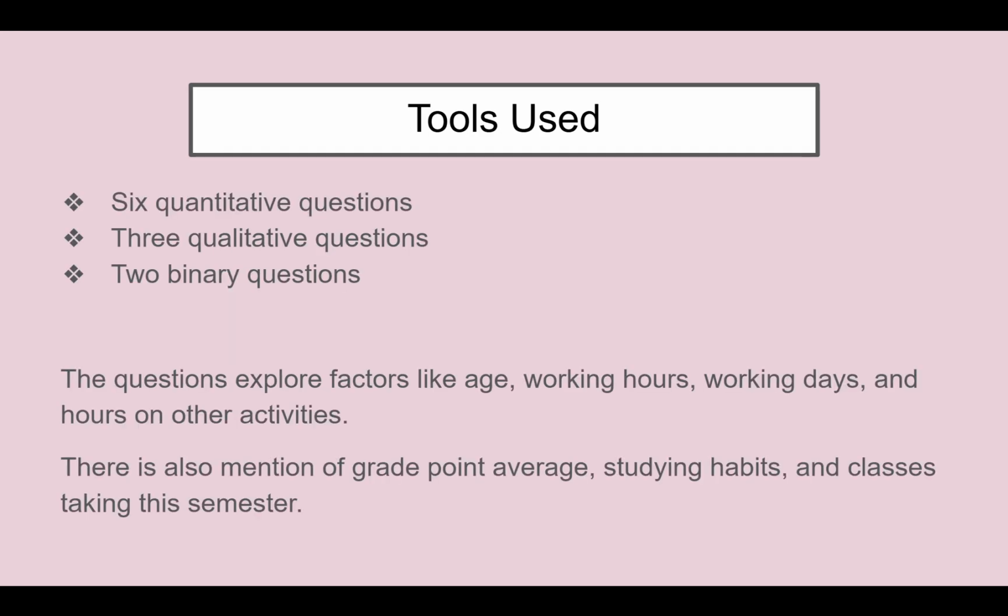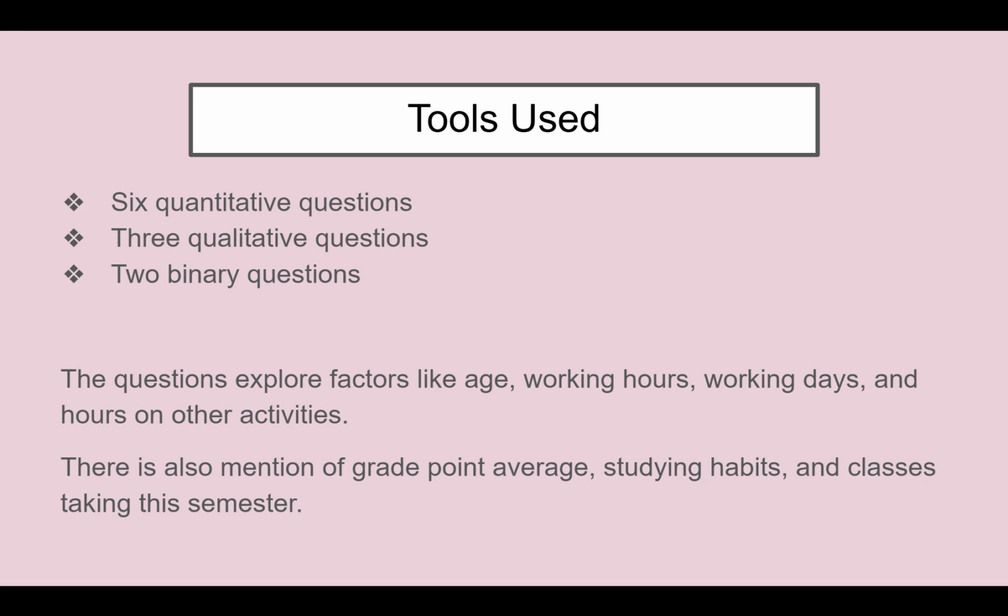So the tools used besides StatCrunch were 6 quantitative questions, 3 qualitative questions, and 2 binary questions. I know 6 quantitative questions seems like a lot, but you'll see where I tie them in together. The questions asked explore factors like age, working hours, working days, and hours on other activities.